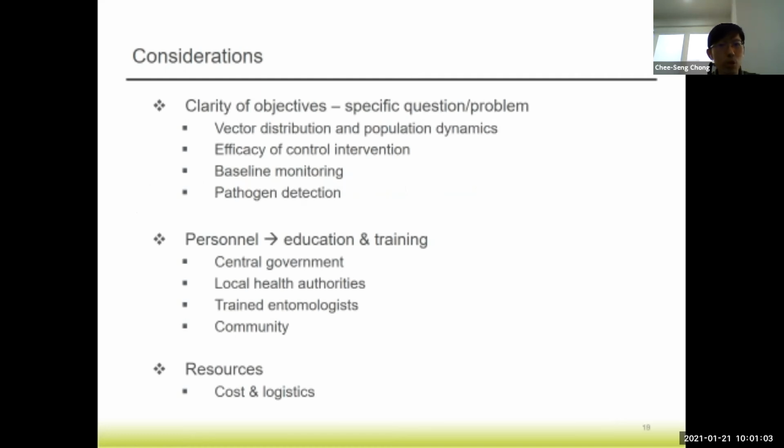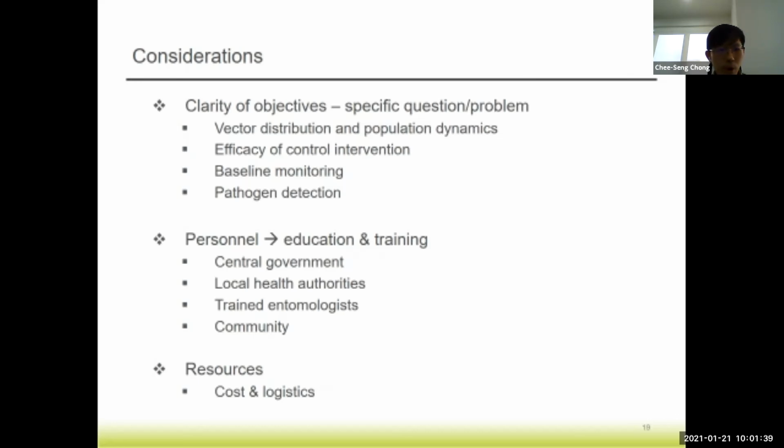Do you really want to just detect the presence of a vector? Do you want to monitor the population dynamics over time? Or do you want a broad overview of where to focus all your resources in terms of tackling the vector population? These are very key questions that you need to first ask before you can really design or put in place a program to understand the whole vector population itself.